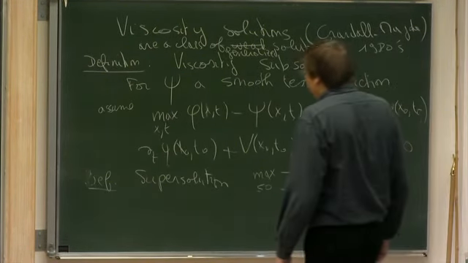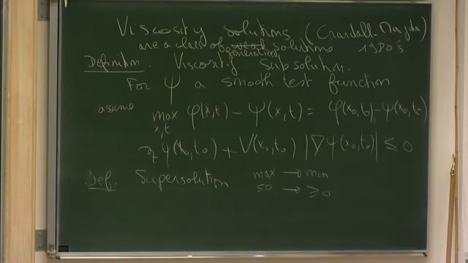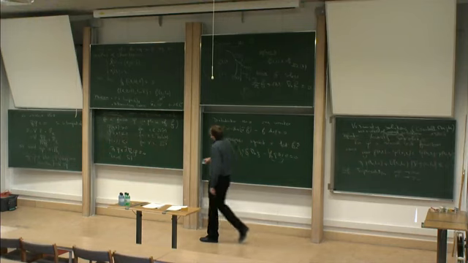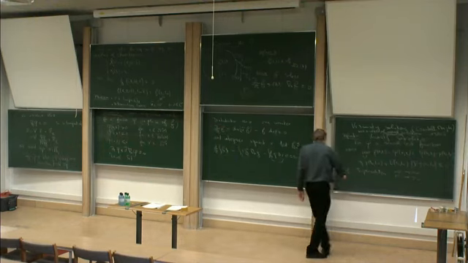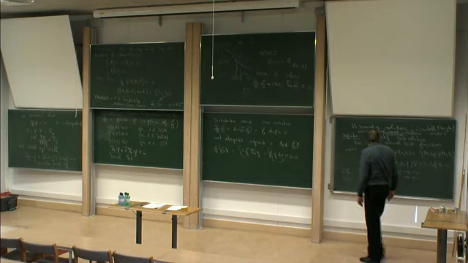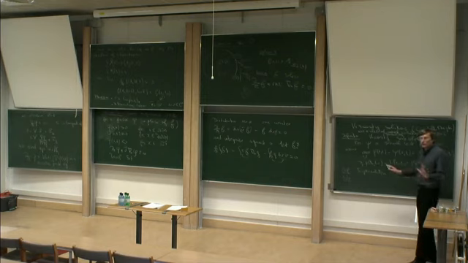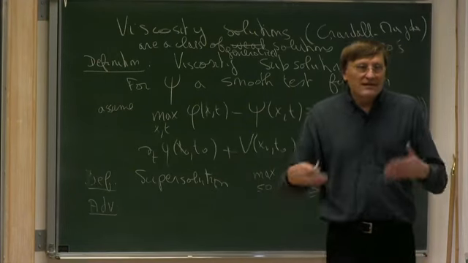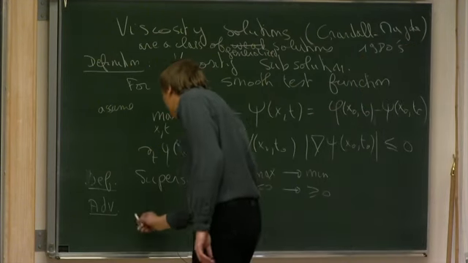So what is the advantage compared to this thing here? Now the advantage is you only need phi and v to be continuous because you want to define things pointwise. So the only assumption you need to define this kind of object is continuity.